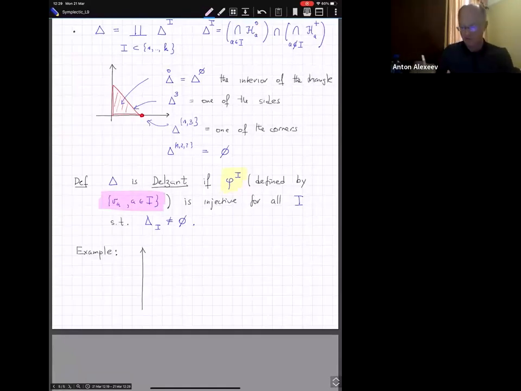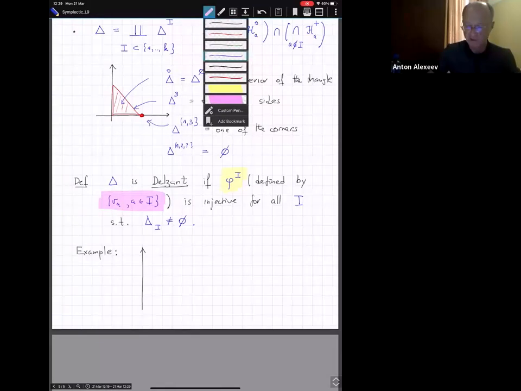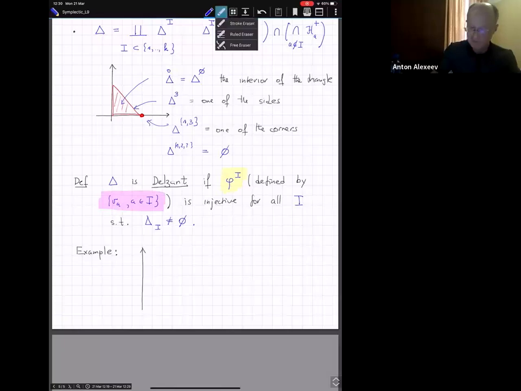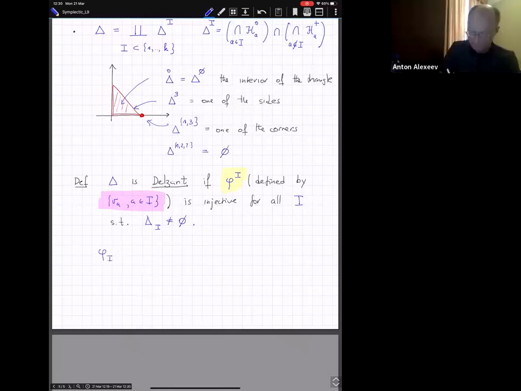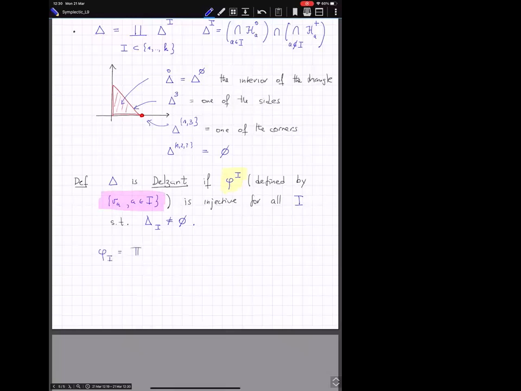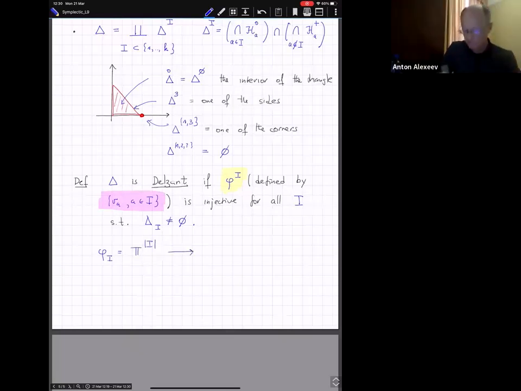It's the thing you defined before, where the thetas are 0 if A is not in I. So this will be a homomorphism from TI.